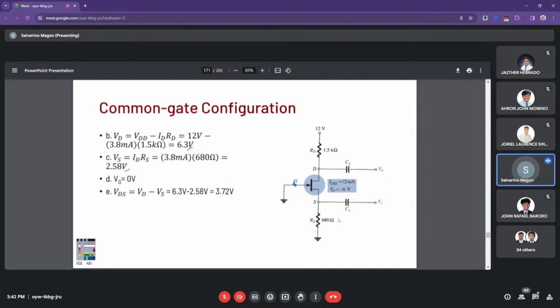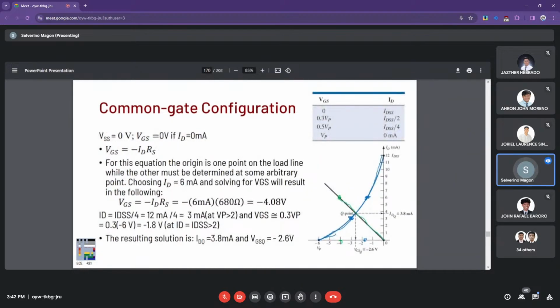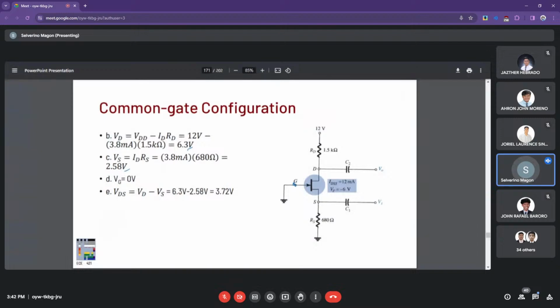Okay, so further for the drain pin, we have the voltage obtained from the 3.8 milliamp point here. Again, that's in the Q point condition. So the drain voltage is at 6.3.